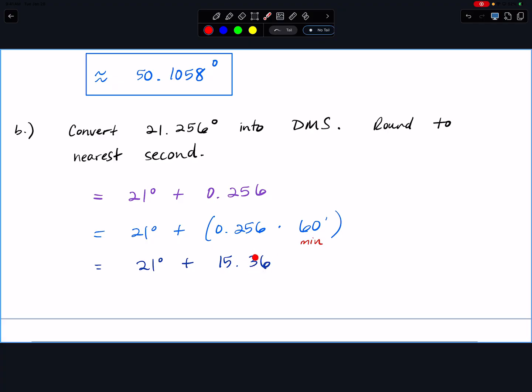Seconds. This is the number of seconds, so how many seconds are there in 1 minute? 60. So take this part and also multiply by 60. So this equals 21 degrees plus 15 minutes plus the remainder of the decimal times 60 seconds.